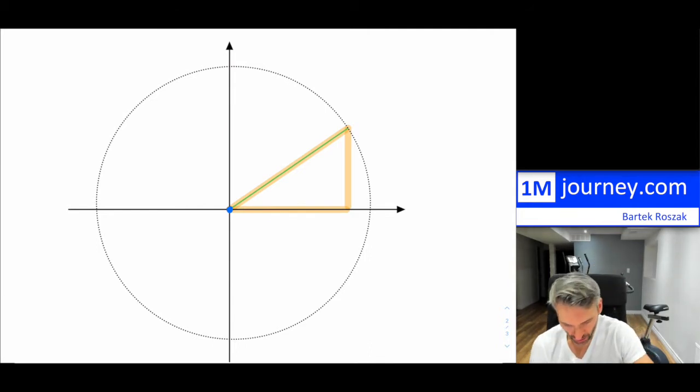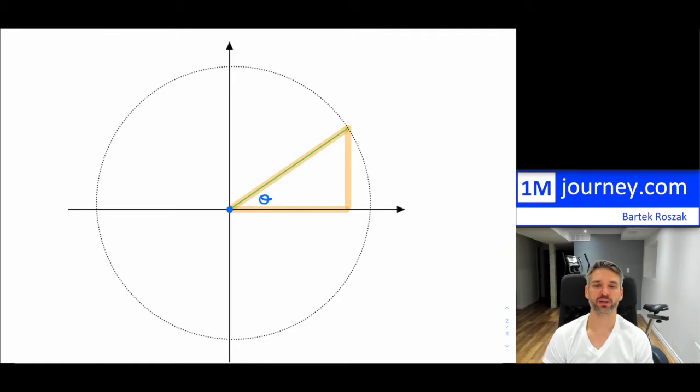The angle that I want is my angle theta. From here, we can define our sine, cosine, and tangent like we did with the ratios of opposite over hypotenuse, adjacent over hypotenuse, and so on. But the video is not centered on that, because you would just be repeating the same thing.